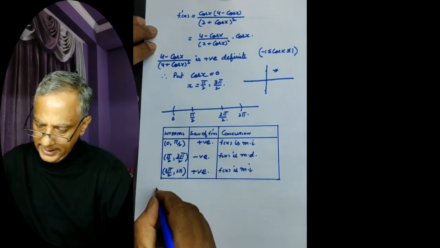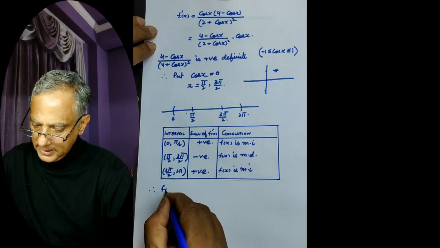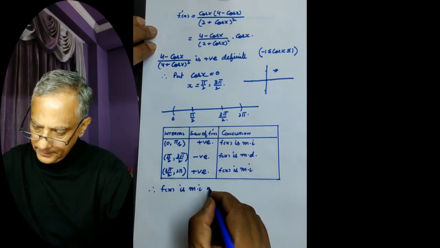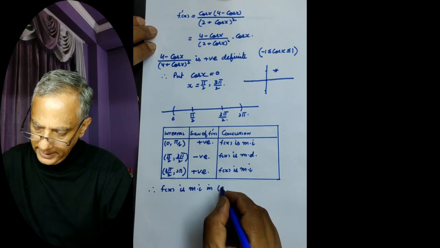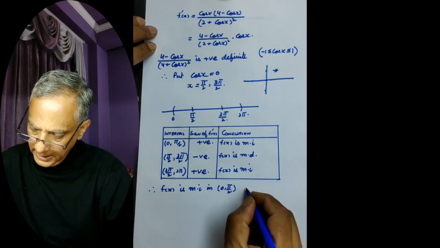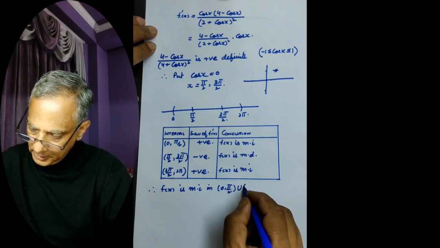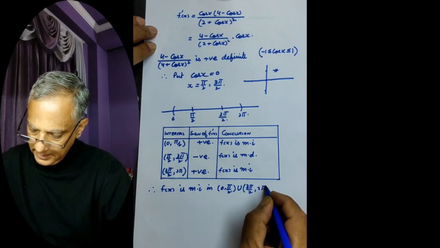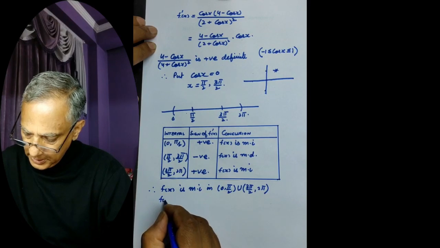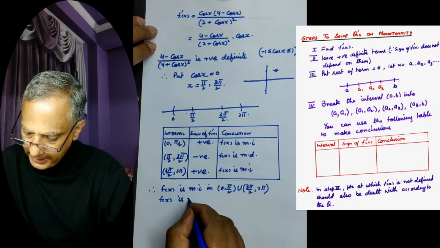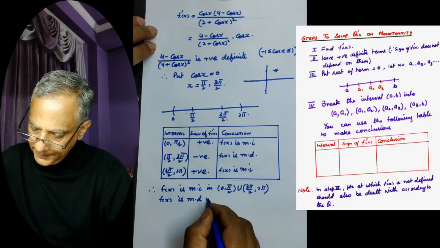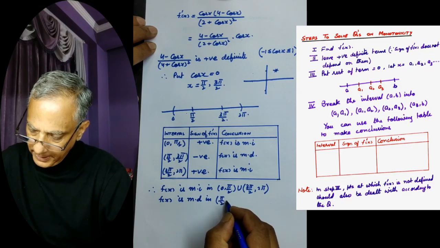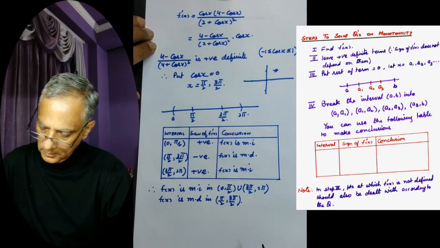Therefore we can write f(x) is monotonically increasing in 0 to pi by 2 union 3 pi by 2 to 2 pi, and f(x) is monotonically decreasing in pi by 2 to 3 pi by 2.